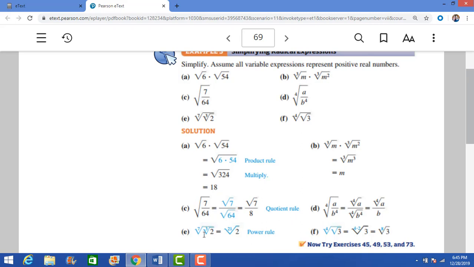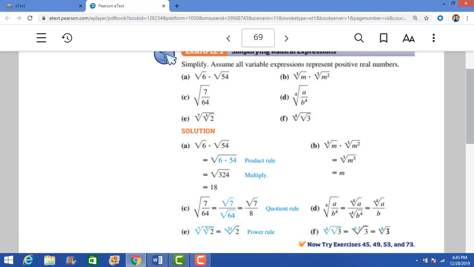Here, again, we've got a radical within a radical. And so that means we can multiply the indices. So that means we can multiply these and we get the 21st root of 2. And we're done. Here, we've got a square root of a fourth root. And again, we can multiply these and we get the 8th root of 3.